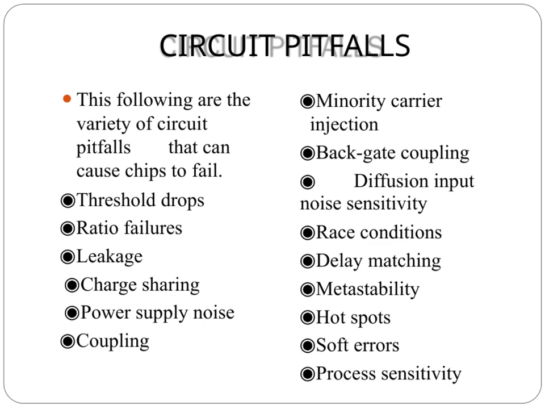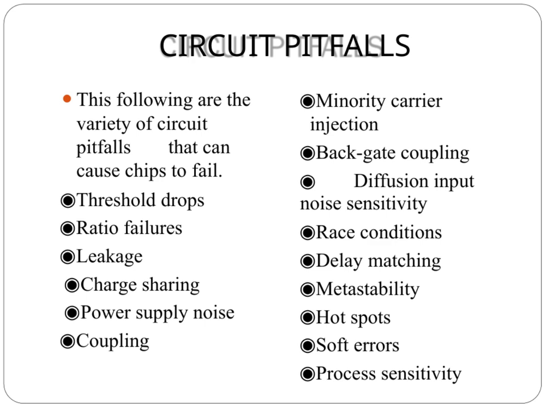Going further, minority carrier injection can affect transistor switching behavior, and backgate coupling impacts the transistor's threshold by interaction with underlying substrates. Diffusion input noise sensitivity makes circuits vulnerable to subtle disturbances. Race conditions arise when timing issues cause unpredictable results, and delay matching problems lead to synchronization failures.